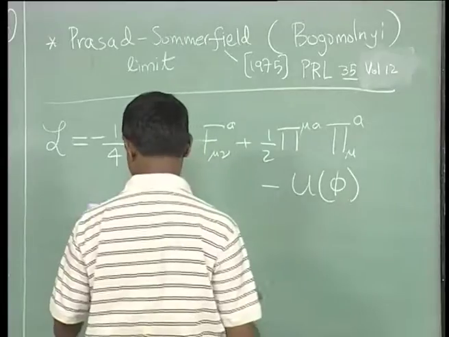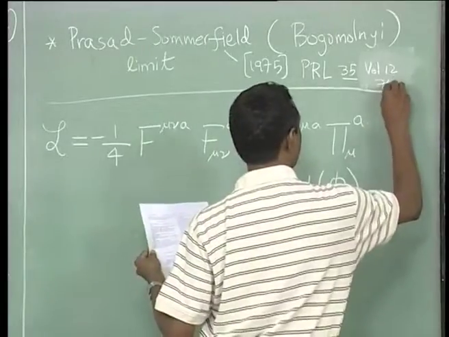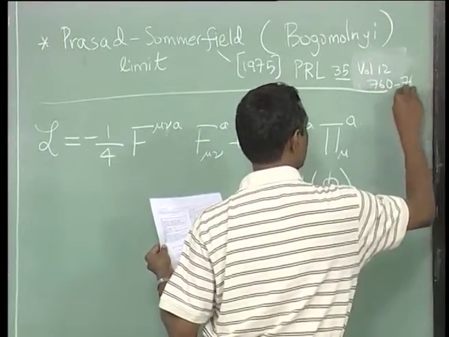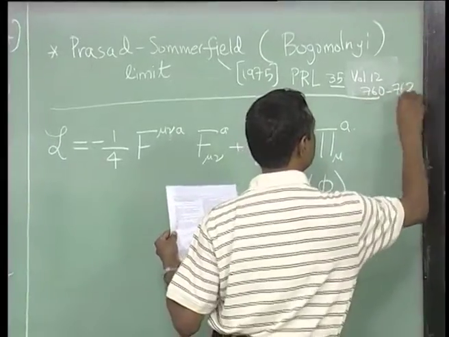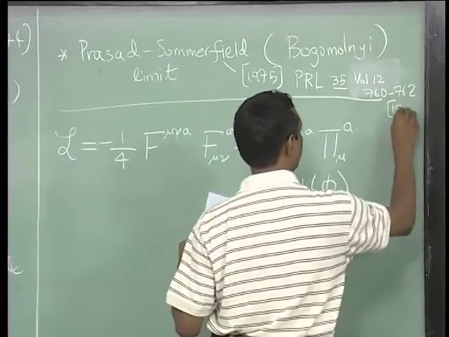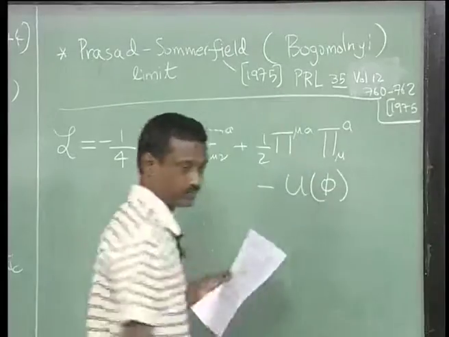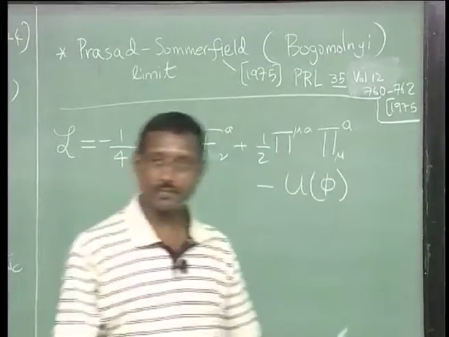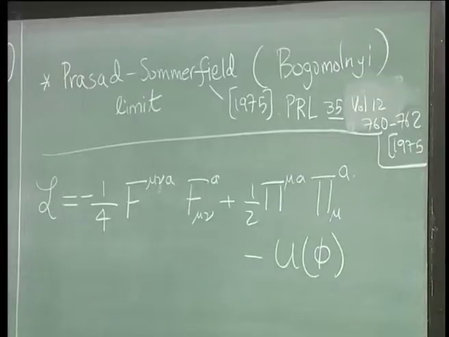And the page numbers were 760 to 763, in 1975. Okay. So, this paper is at least accessible from within our campus because we have a subscription to PRL, but otherwise it is restricted. Okay.